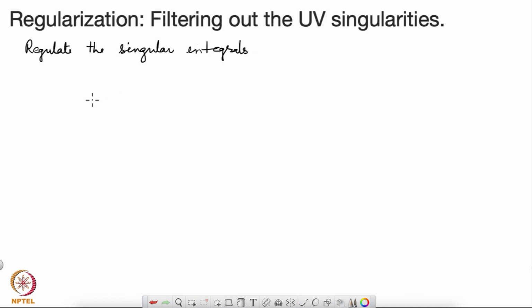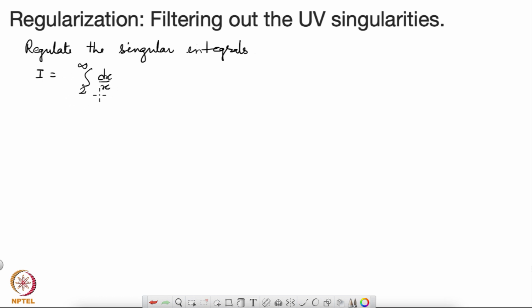Suppose you have an integral I, which is the integral from 2 to infinity of dx over x. This is going to serve as a toy example for Feynman integrals.